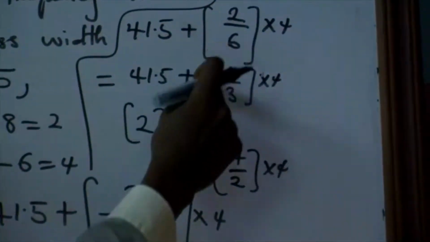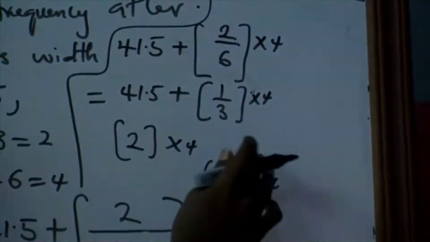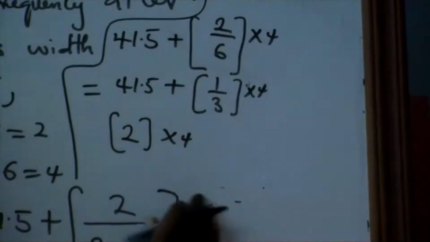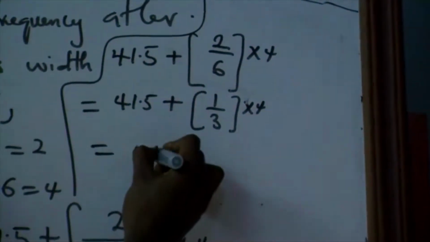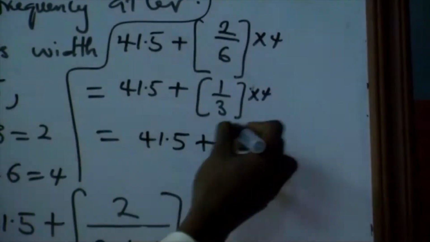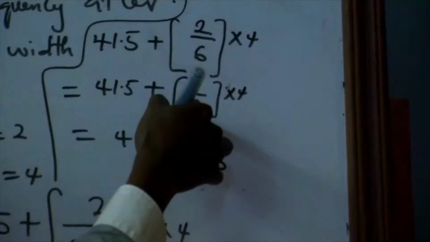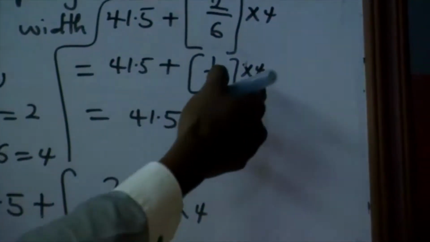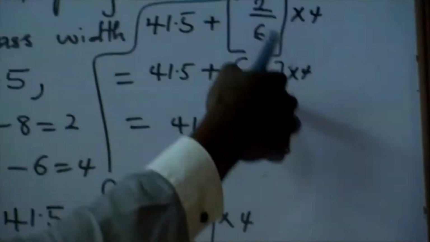So this entity, 1 over 3, is a single number, and that gives us 41.5 plus 4 times 1, over 3. We don't have to multiply 4 times 3 again, since we have multiplied 4 by 1, which is part of the whole number, 1 over 3.